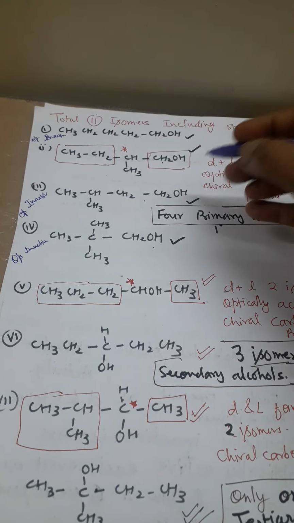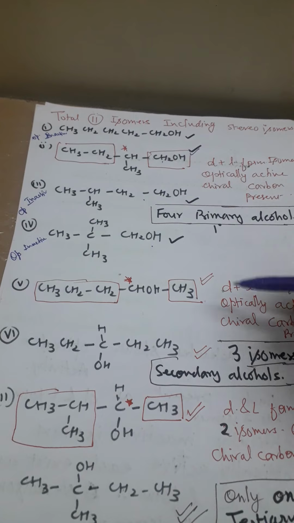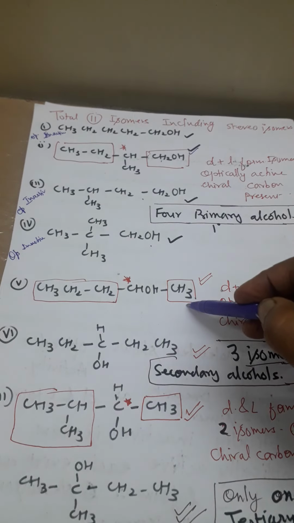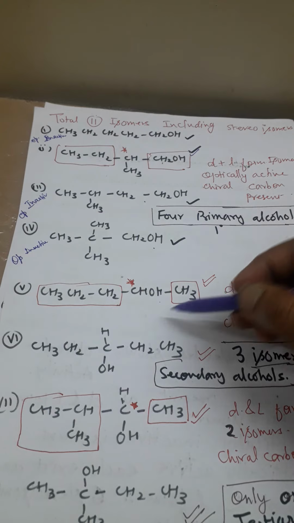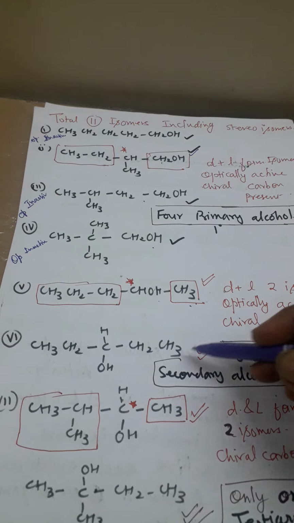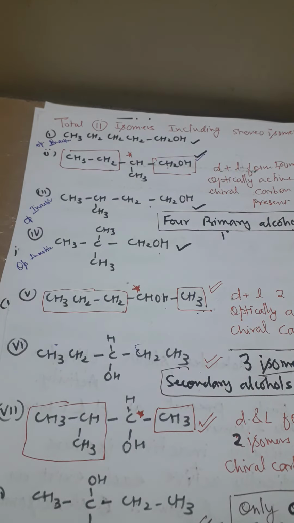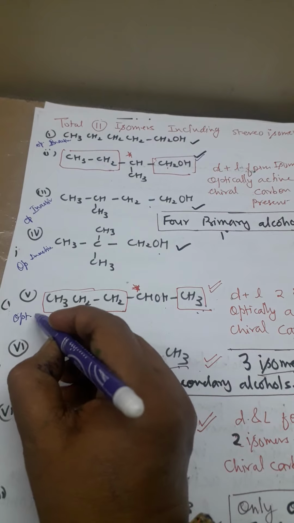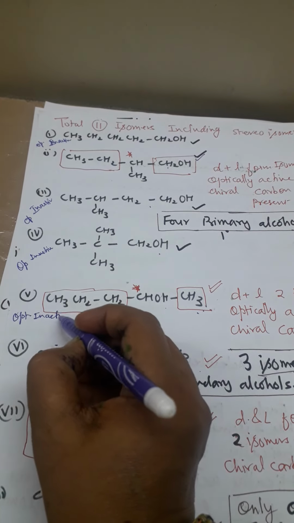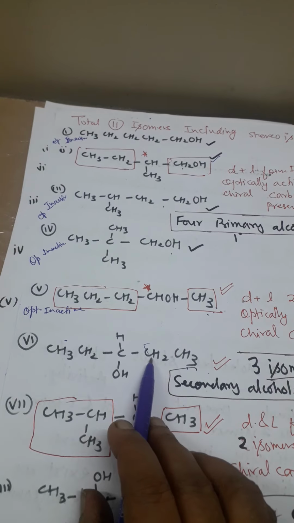So this is optically active, where I will make a double click. Now this is optically active because this is a propyl group, this is a methyl group, and H and OH, 4 groups are different, so optically active. And this is optically inactive because an ethyl group is here and an ethyl group is here, 4 groups are not different. Now here also this is optically inactive.